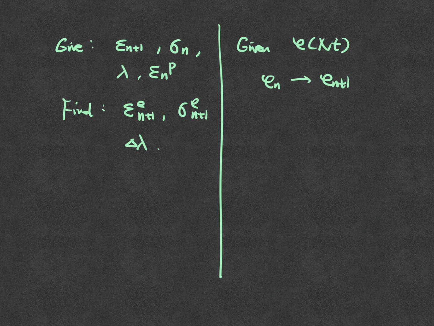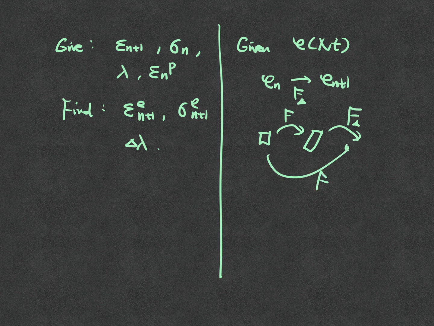Do you know what I'm talking about? In between the two steps, I will linearize the deformation mapping with F delta. I have the undeformed state, I map it by some F, and then I'm in that configuration. I want to apply F delta, so that this is equal to F n plus 1. Does that make sense?